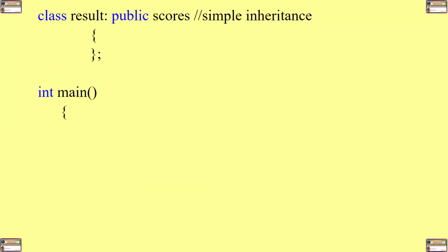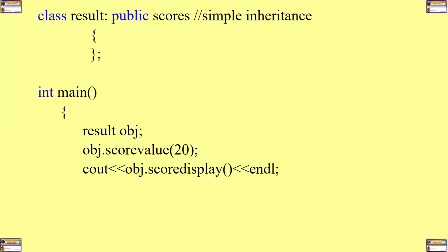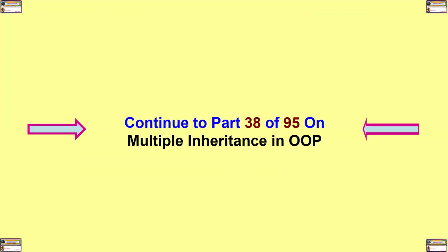And the calling function is main, and therefore that value will be brought in this statement here, and then through cout, it will be displayed on the screen. And that will be the end of the program, because return 0 tells the compiler to return the control back to the operating system and end the program.